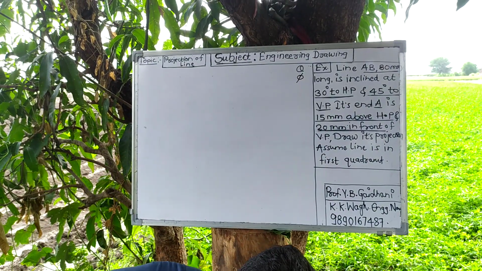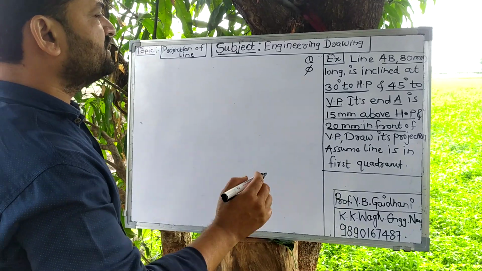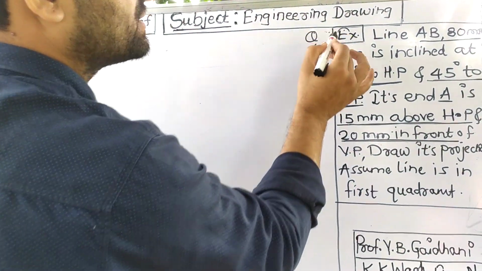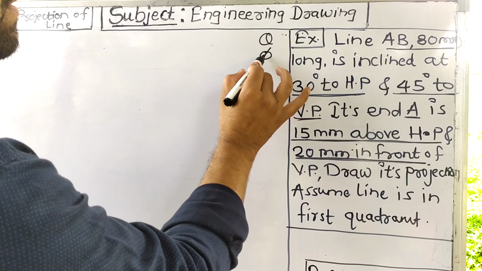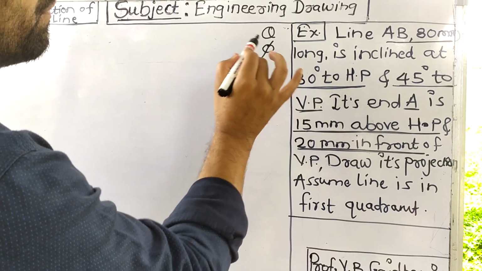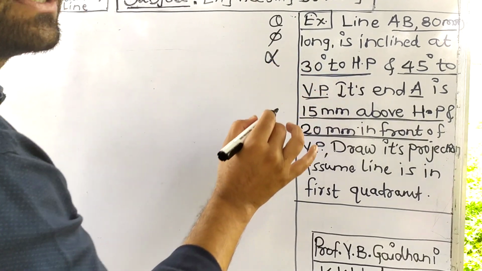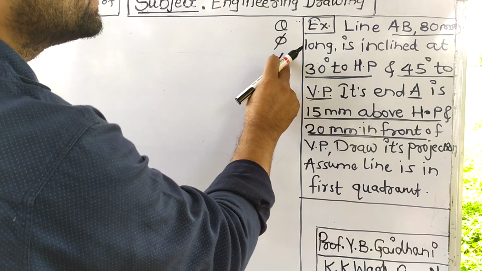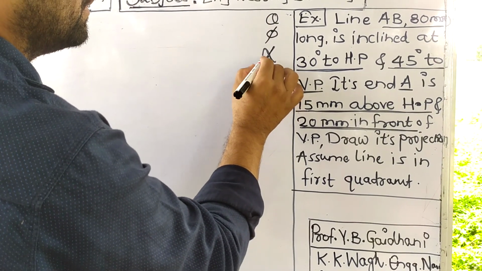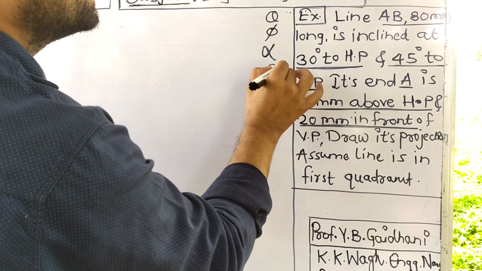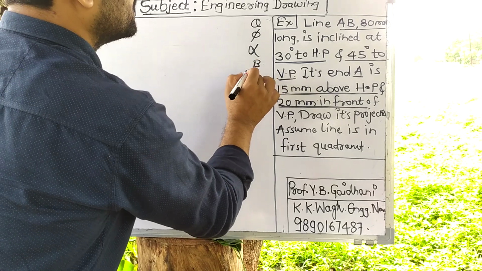Before starting the problem, you should know some basic concepts. Theta is the actual inclination of the line with reference to HP. Phi is the inclination of the line with VP. Alpha is the apparent inclination of the line with HP. Beta is the apparent inclination of the line with VP, which we can see in the VP.